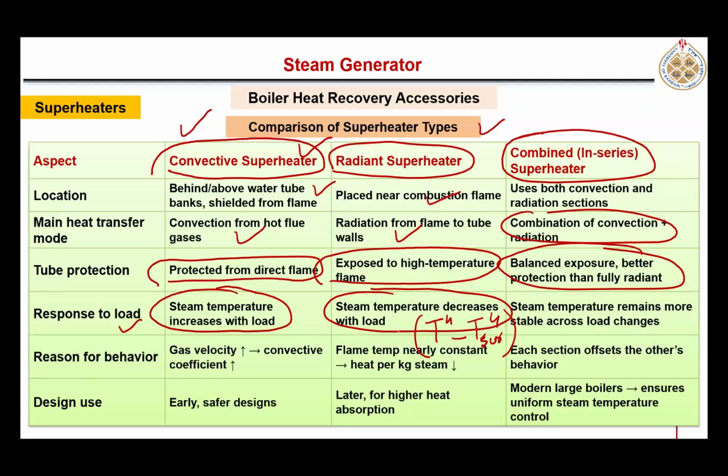So it is not depending upon the load or steam flow rate. That's why radiation heat transfer may drop at high mass flow rate. Okay, so the rest you can also go through. That is a brief comparison of different superheaters.